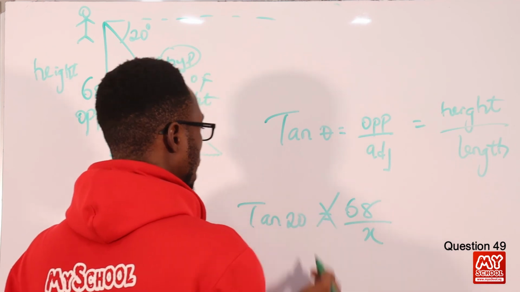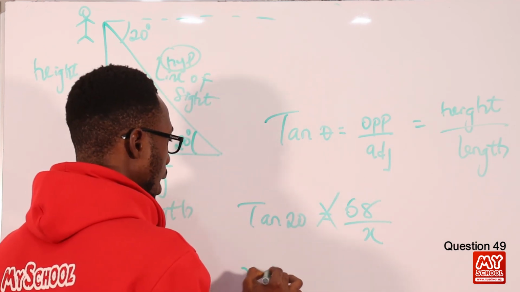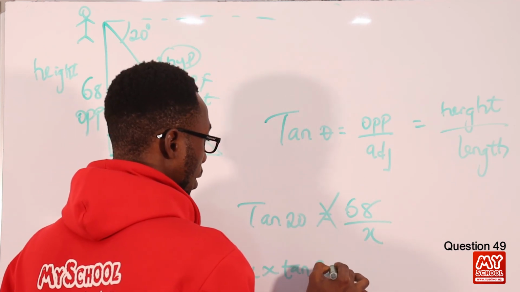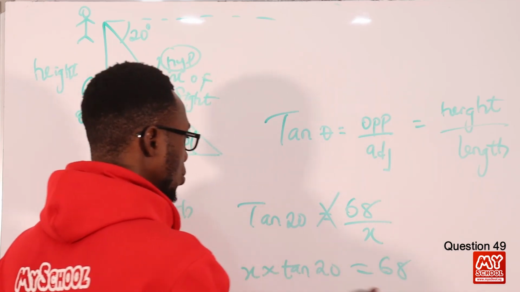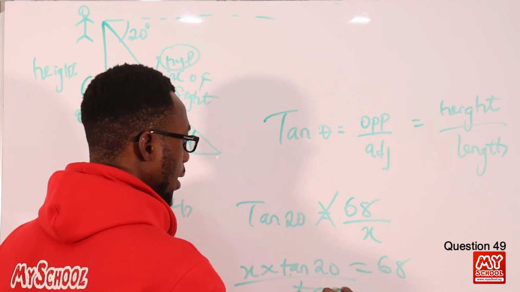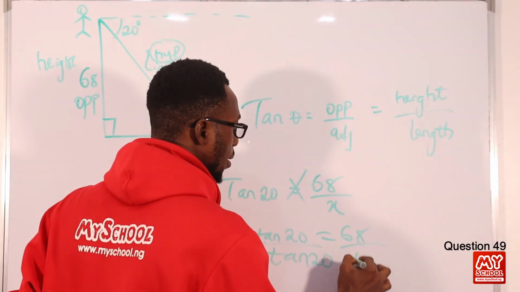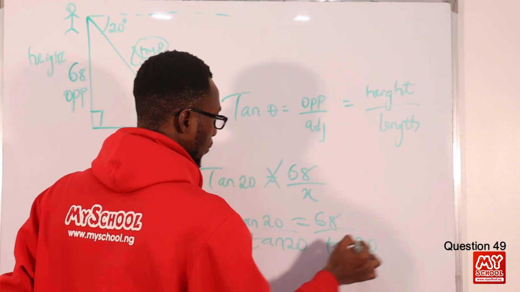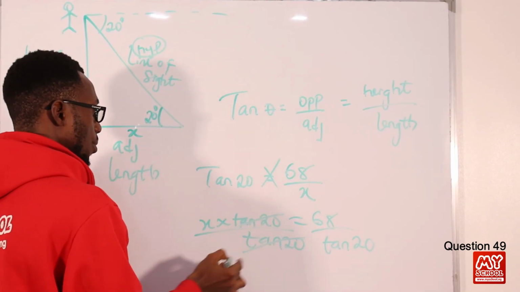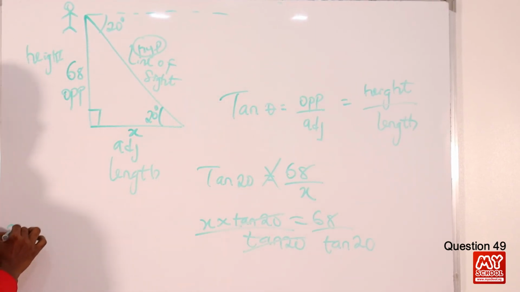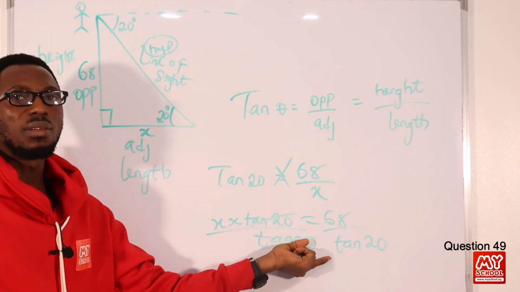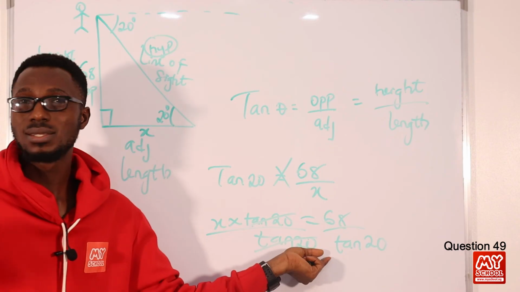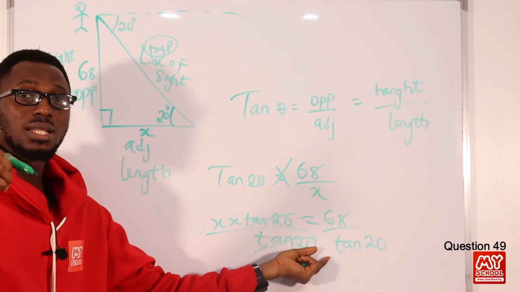If I cross multiply, I have x times tan 20 equals 68. I divide both sides by tan 20, so x equals 68 divided by tan 20, which gives something around 187.82.